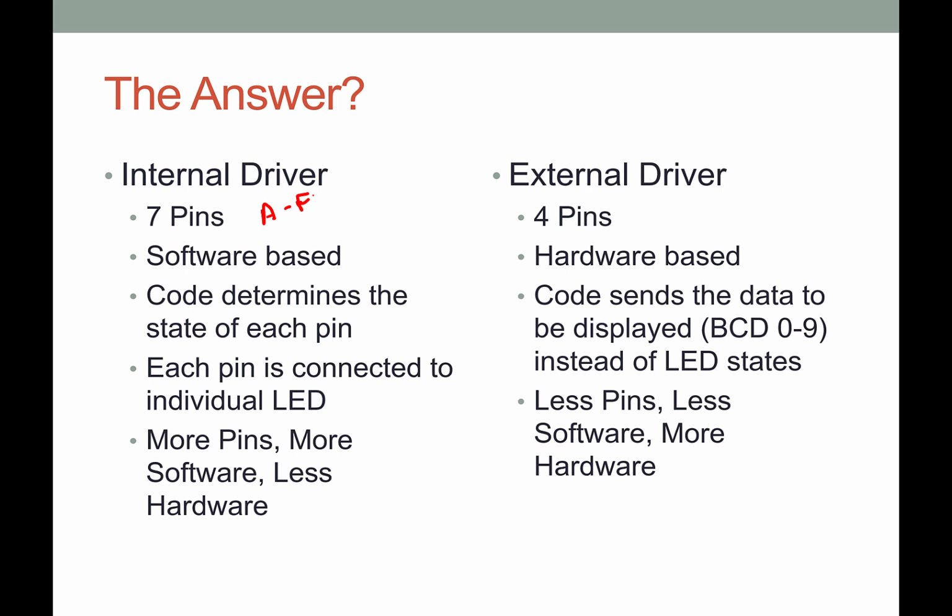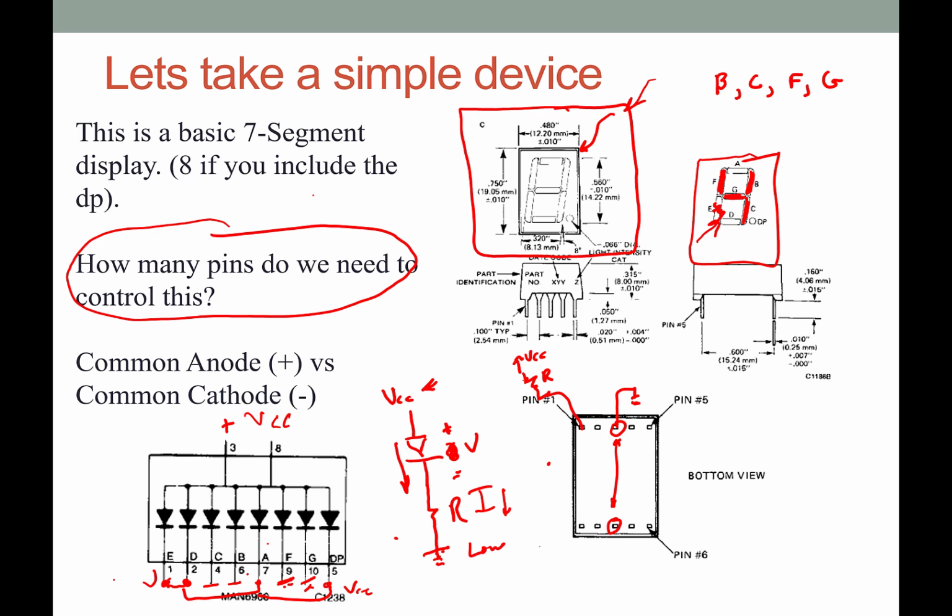It's software-based, and what that means is, okay, if we wanted to do this for an internal driver between our discovery board and the 7-segment chip, it's all got to be done through software. And whatever code we put there determines the state of each pin. So again, when we want to put out a 4, we have to highlight F, G, B, and C.